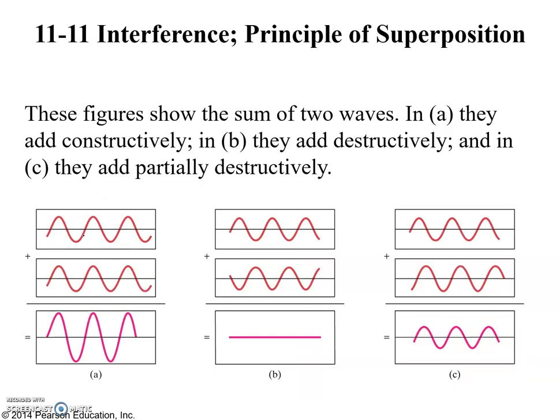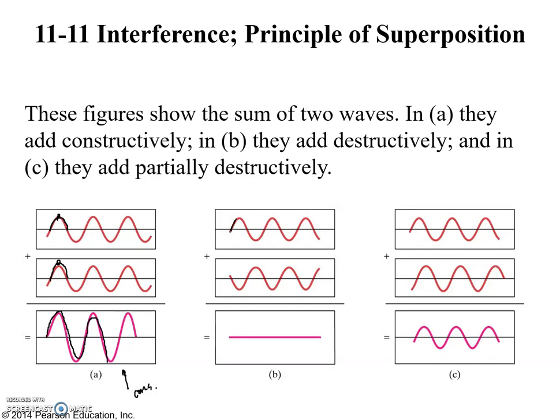So here we have two waves, both reaching peaks at the same time. So these two waves, if they were to come in contact with each other, would have constructive interference. So the amplitude is getting bigger.